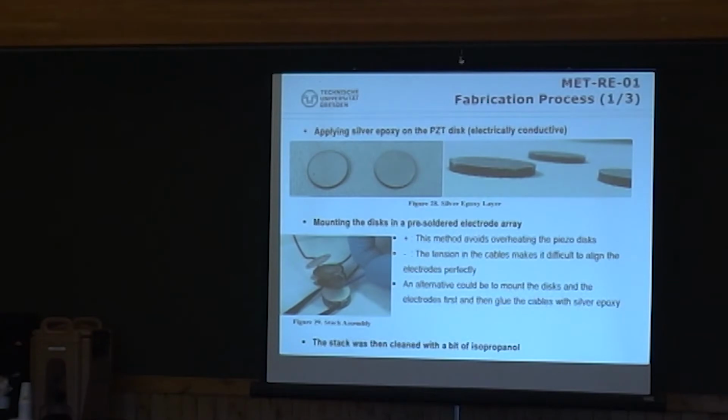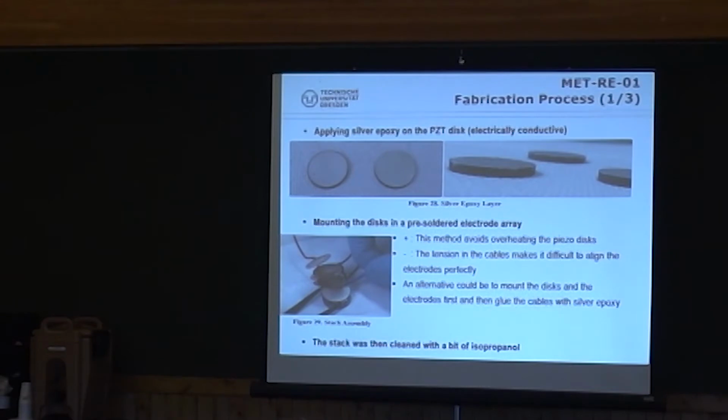And we actually welded or soldered the copper electrodes together before assembling the stack, because we solder these copper electrodes at around 350 degrees, and the Curie temperature of the piezoelectric material is around 320, so we don't want to go above that and cancel the piezoelectric effect in the material.